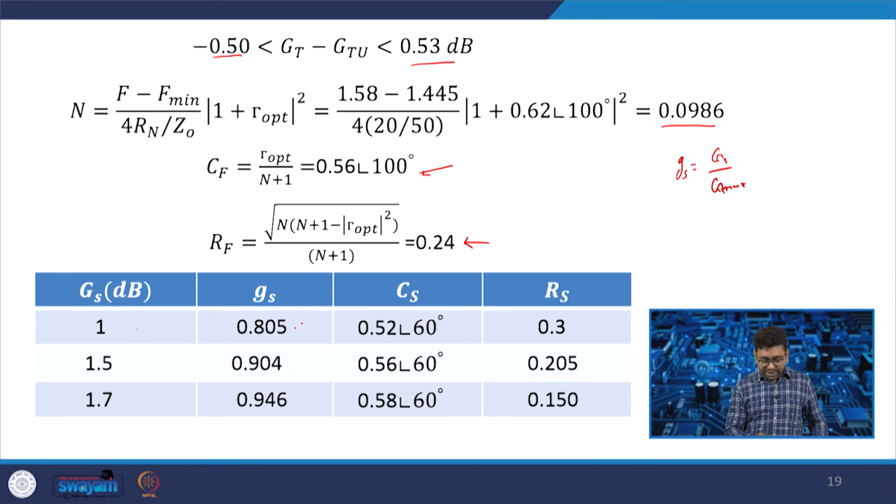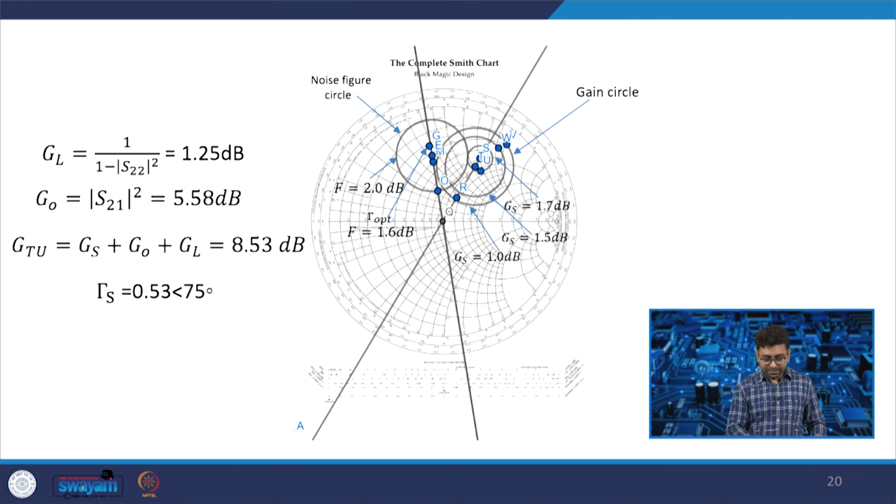So, we will get the GS, and based on the value of GS we already discussed how to get the center of the gain circle at the source side and the radius of the gain circle at the source side. Now what we need to do is plot both the gain circle and the noise figure circle.